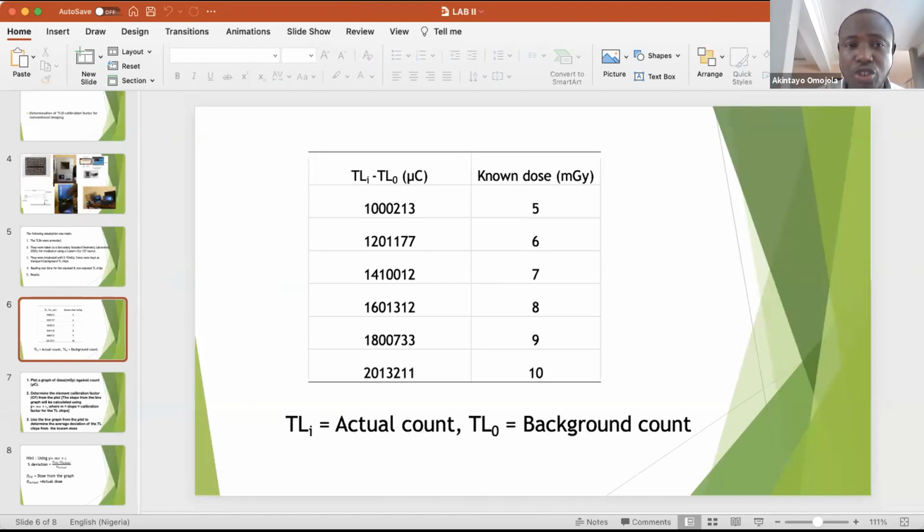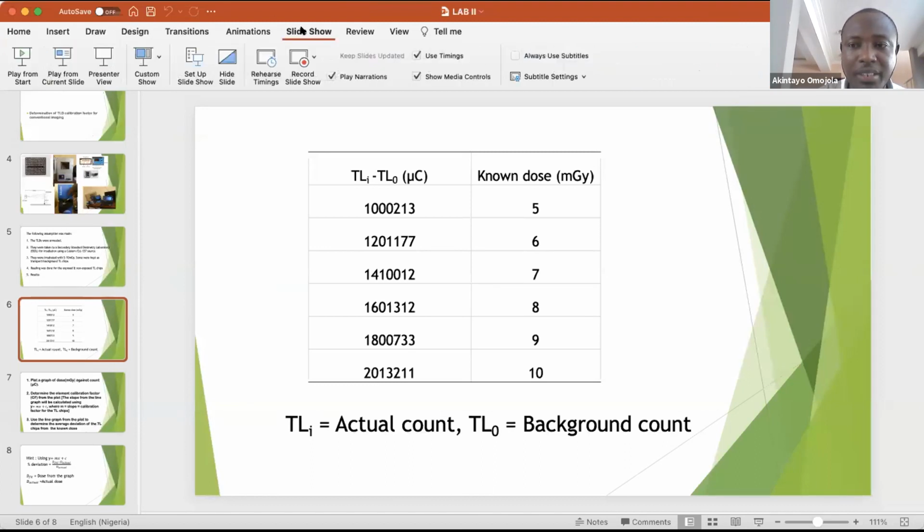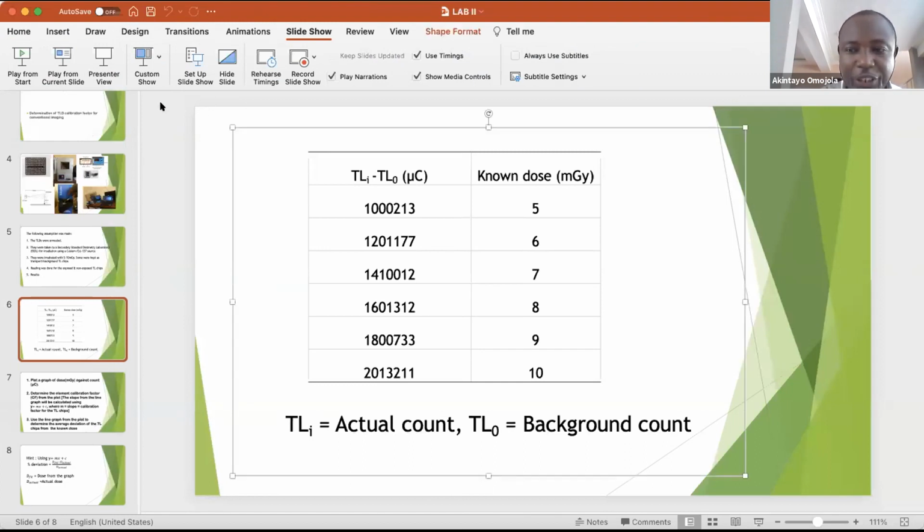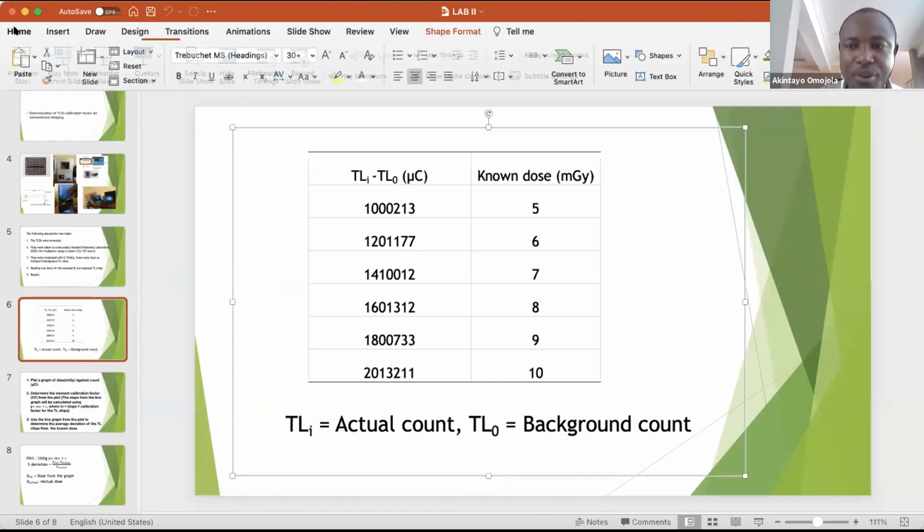But I think what you should do is copy from even the PowerPoint, paste it on your offline Excel sheet, and do the plotting. What I need from your Excel sheet is the line graph, y = mx + c, your line graph. That is practically what I need in your Excel sheet.